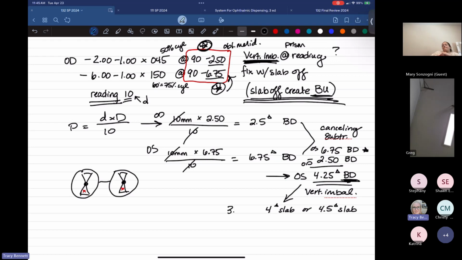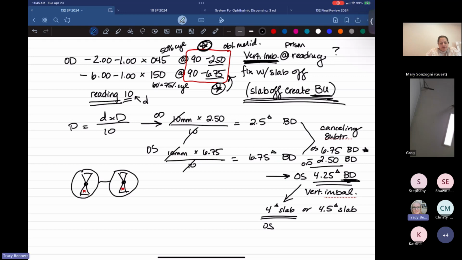Or we could go with a 3.5 slab. They go in wholes and halves. So we got 4.25, and you always want to round these down because we never want to overcorrect these. We just want to get them to a place where they're close enough to the other one. So that's why we would choose a 4 diopter slab off in the OS.